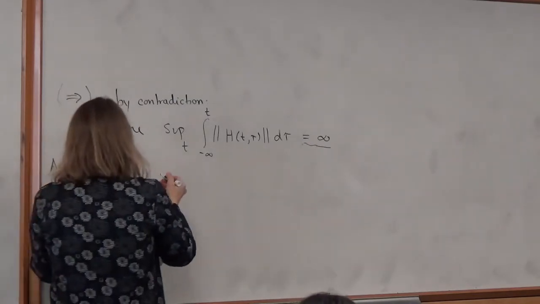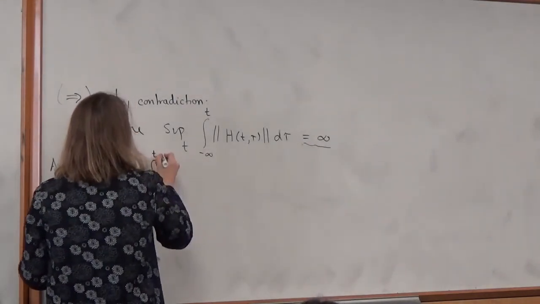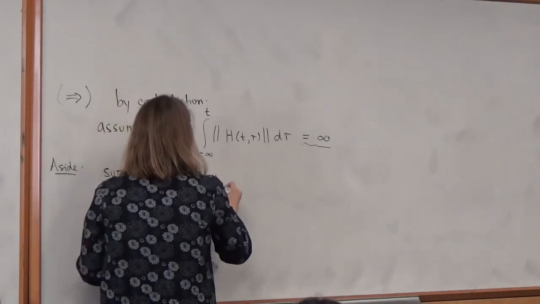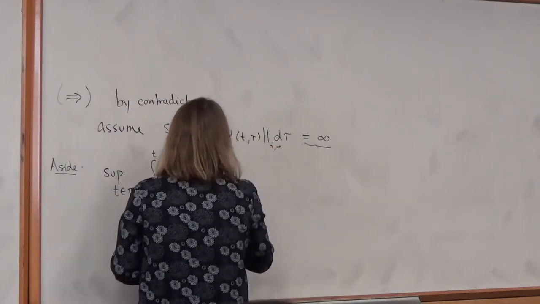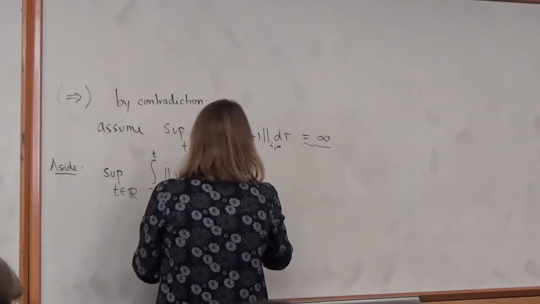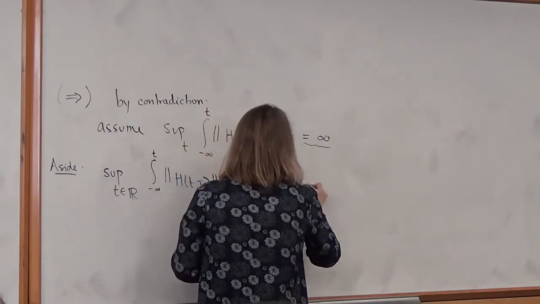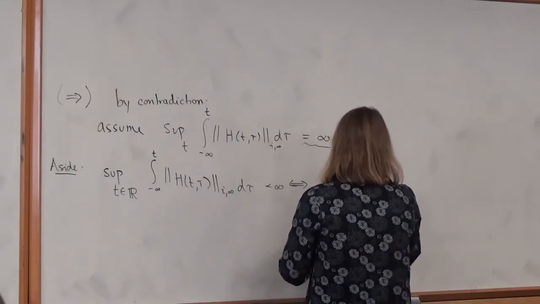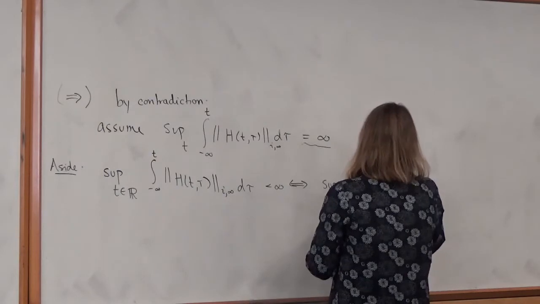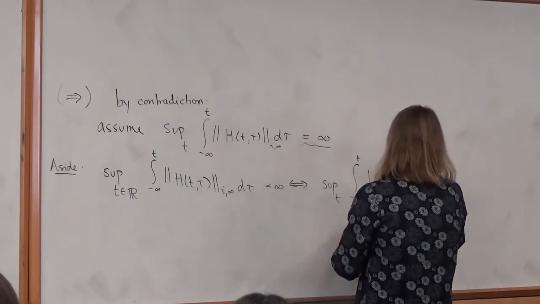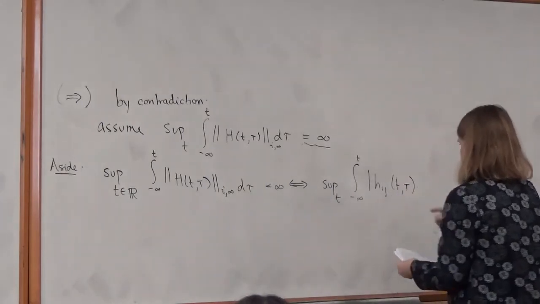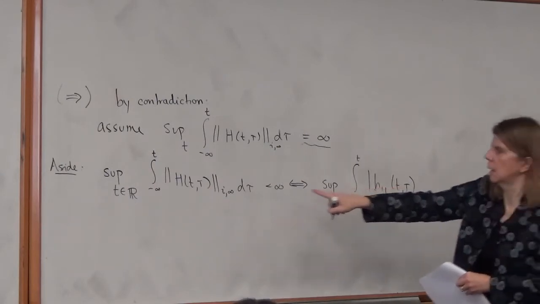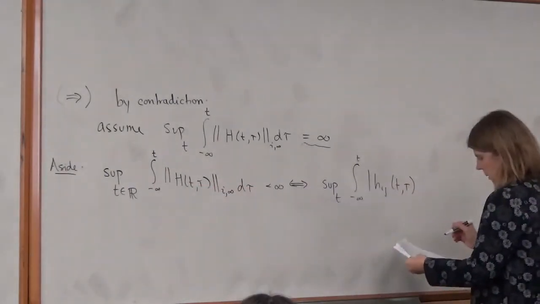But we'll state the opposite: if the supremum of the integral of the norm of h of t tau, and we'll use the induced infinity norm, d tau, is finite, then that's equivalent to saying that the supremum over all t of the integral from minus infinity to t of the elements of that matrix, which I'm going to call little h ij, the ijth element of this matrix H, is finite.